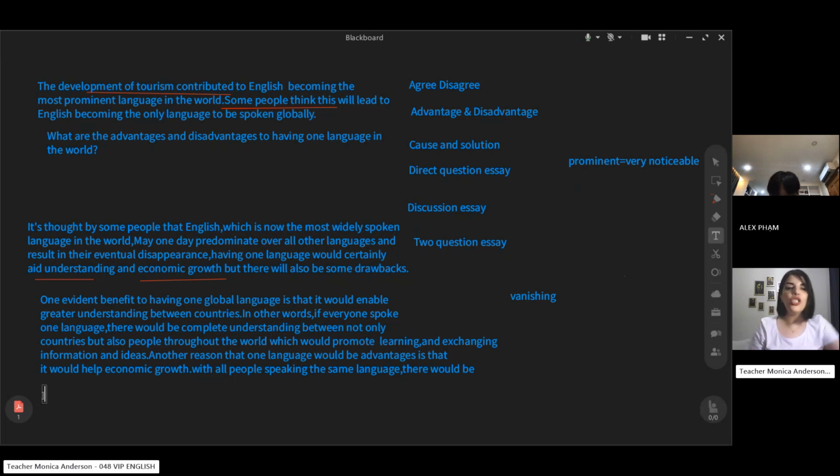So there would be fewer barriers, and therefore trade or business would flourish, be successful, better between countries.